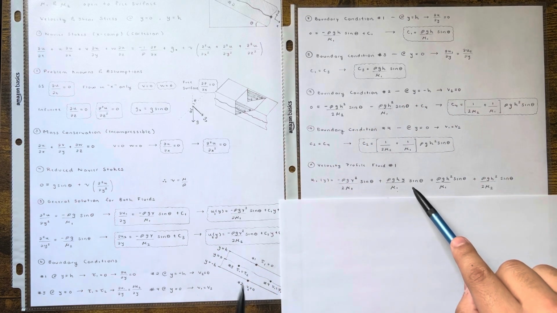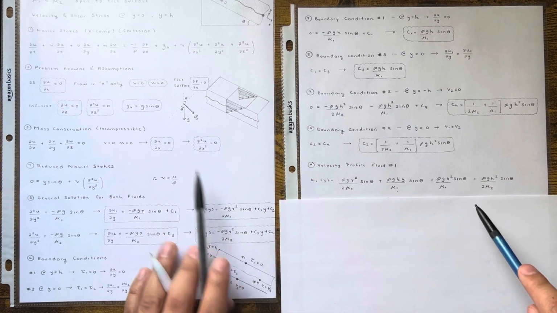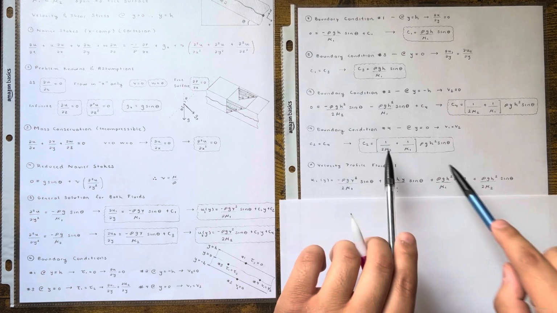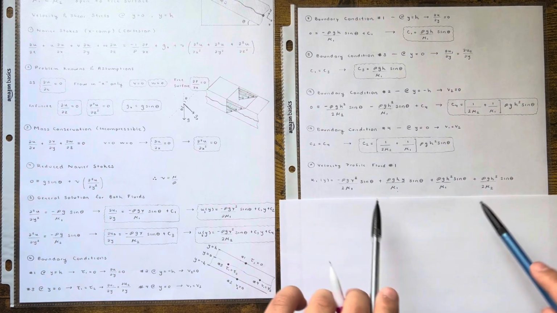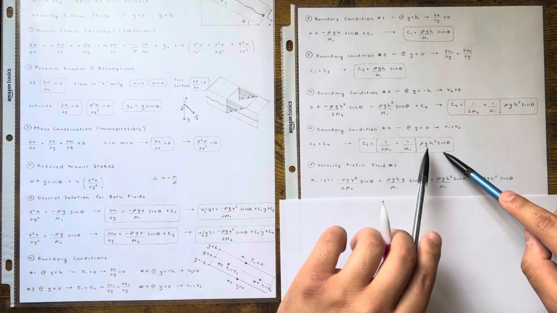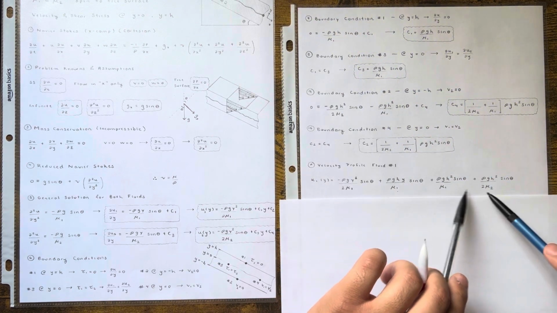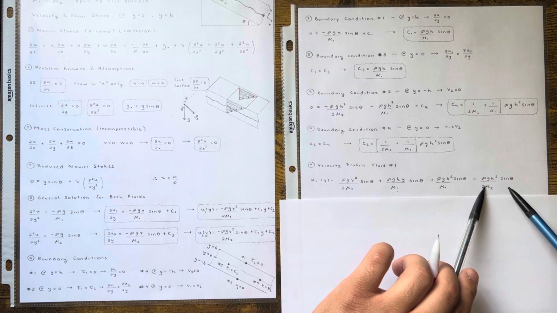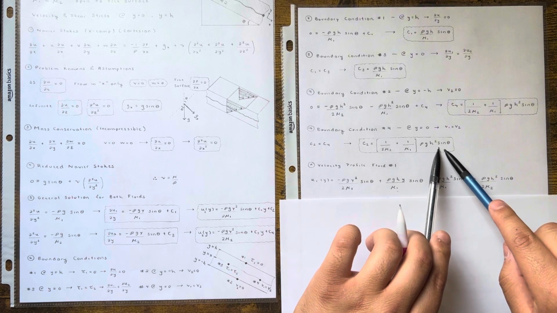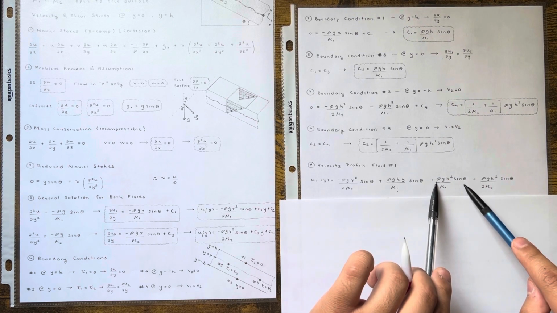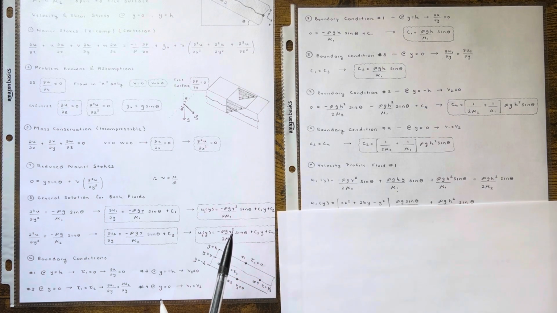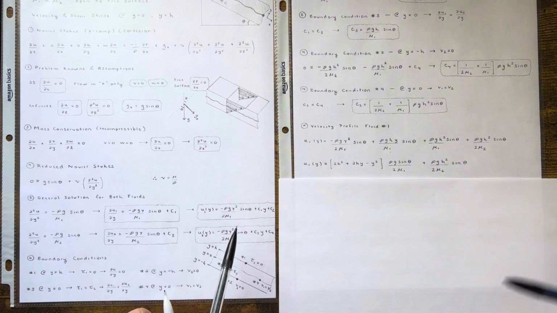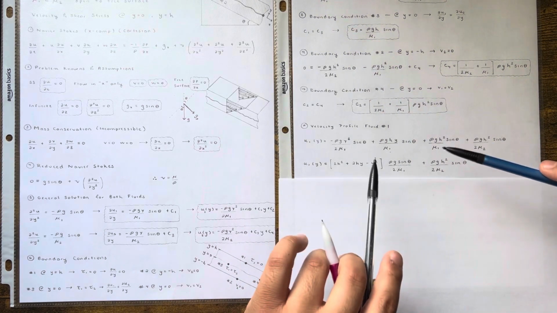Plus C2, which was all this. In this case, I just threw it back in there because I'm going to start adding terms. So rho g h squared sine theta over 2 mu 2 is that one right here, and rho g h squared sine theta over mu 1 is this one. So just like that, I have this velocity profile for fluid number 1. Let me go ahead and simplify it. Just take a look at it for a second, but it's correct.